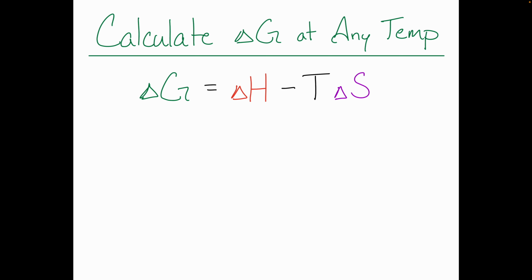If we want to calculate delta G at any temperature, we can estimate it by using those standard thermodynamic variables for enthalpy and entropy, our standard enthalpy and our standard entropy.